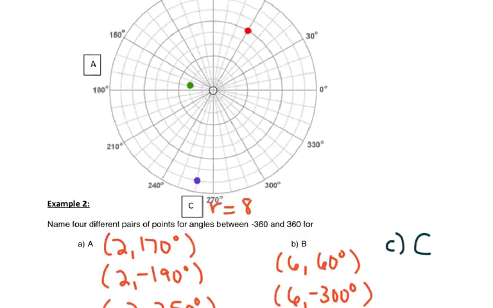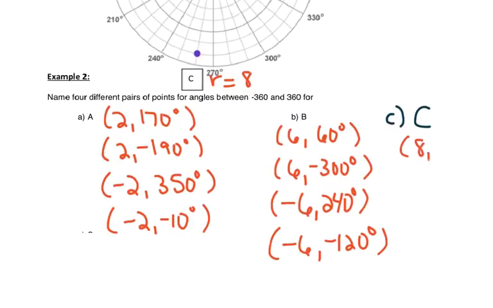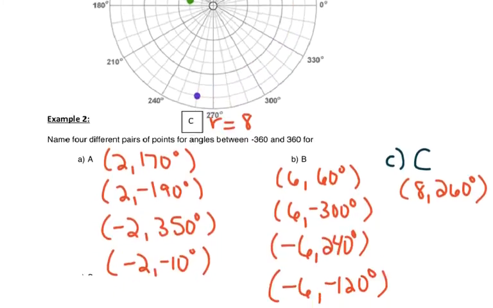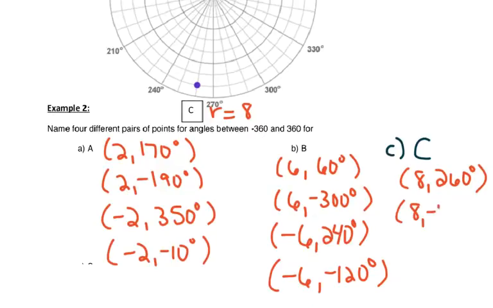And it's at 240, 250, 260 degrees. So 8, 260. So the next way we're going to label it is instead of going in the positive angle direction, let's go in the negative angle direction. So if this is -90, that must be -100. So it must be 8, -100.